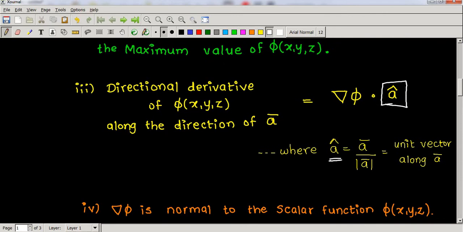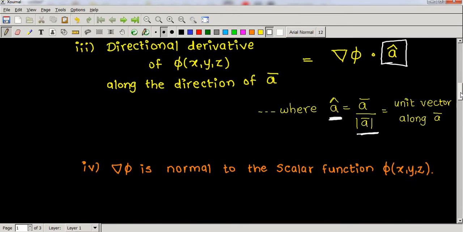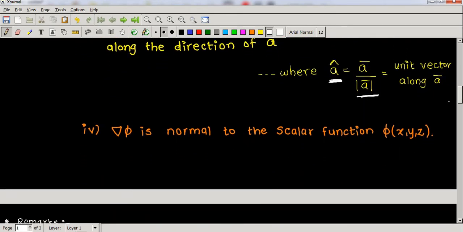The direction of a bar is denoted by a cap and is evaluated by dividing the given vector a bar by its magnitude, that is, we are evaluating the unit vector along a bar. Also, vector del phi is normal to the scalar function phi of x, y, z at any particular point.